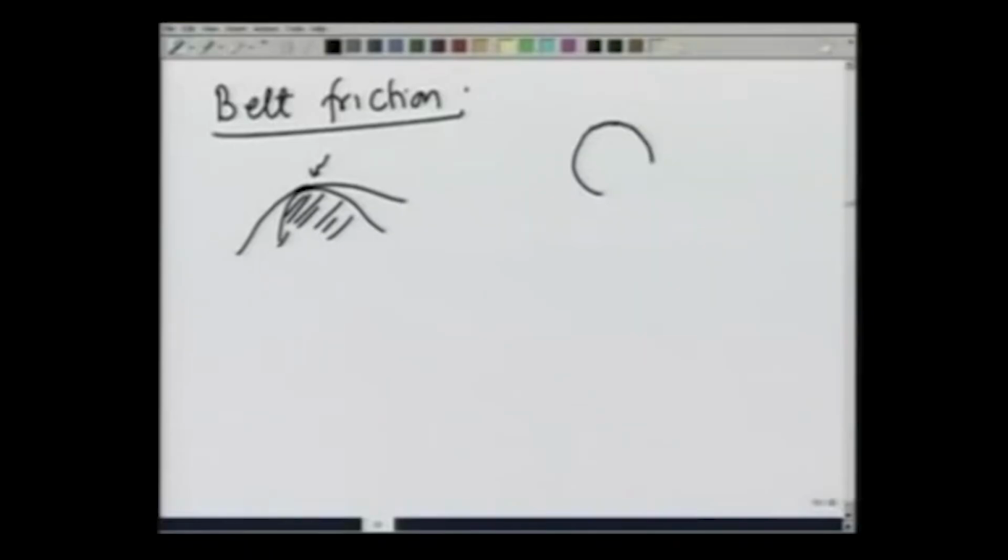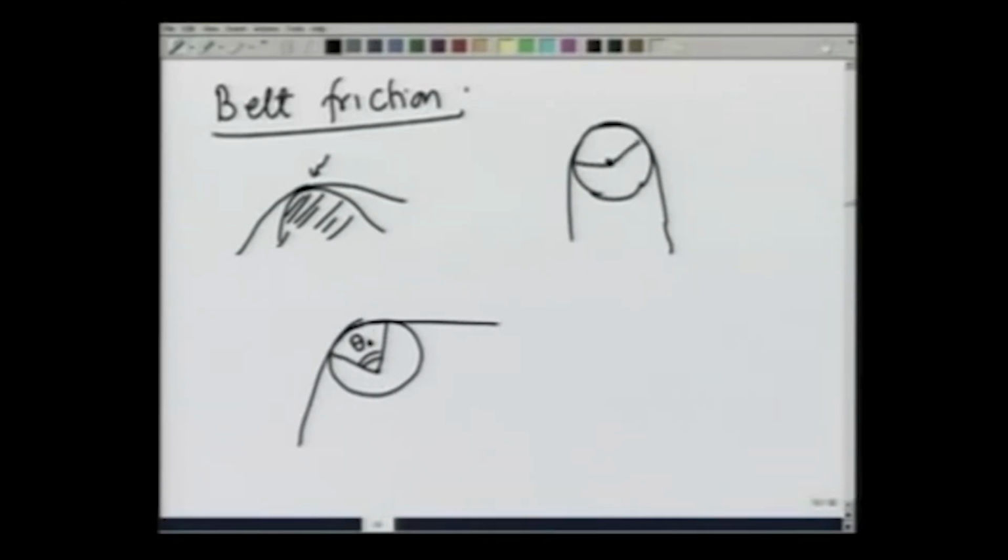For simplicity, we take a pulley, a fixed pulley, and let a rope go around it at some angle. So, that angle from here to here is theta 0. In this case, maybe the contact angle here is theta 0.